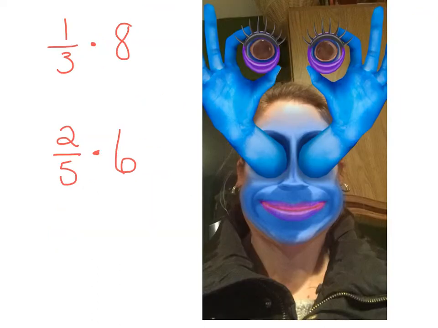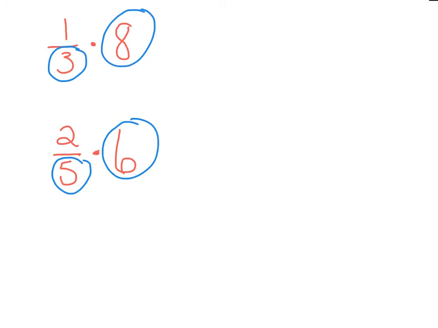Now look closely at these two problems. Do you notice anything different about these examples than the ones we just looked at before? Pause for a second and see if you can see the difference.